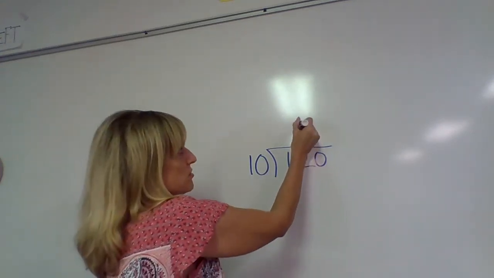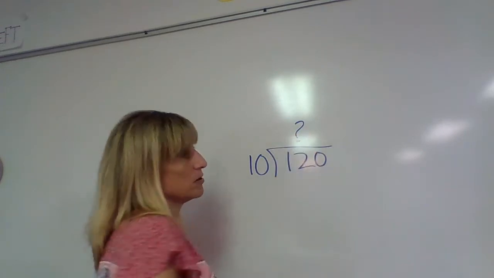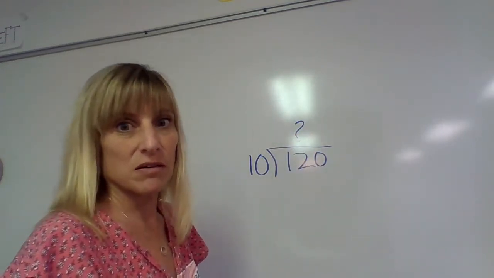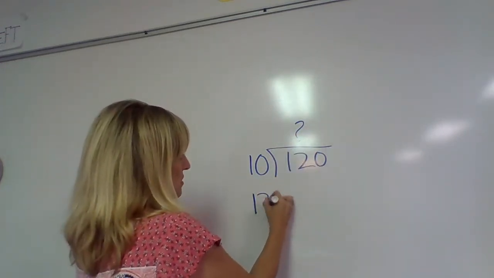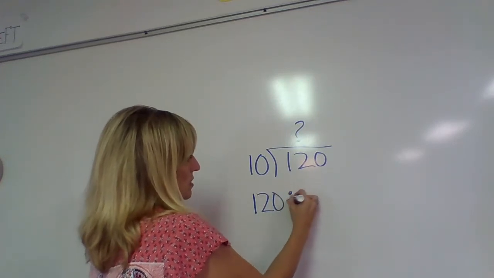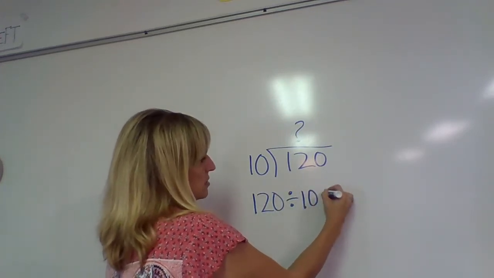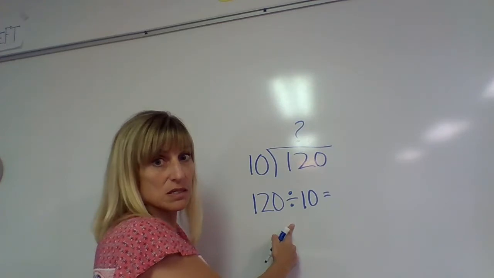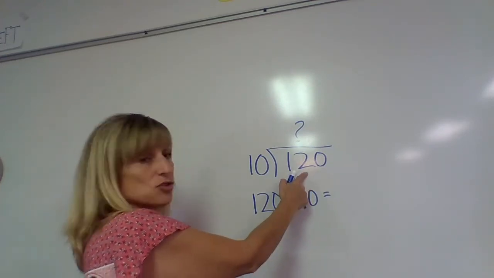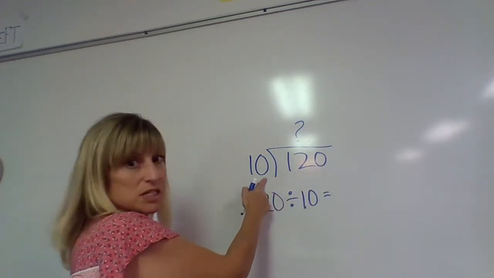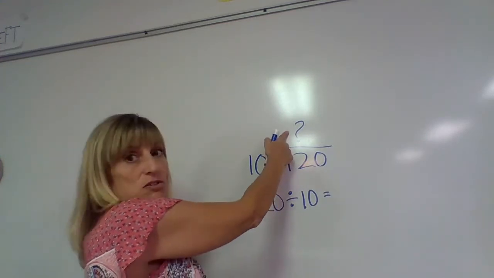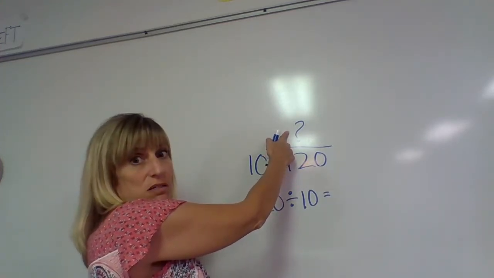You would write your answer on the top, just like that. It's the same as if we were to write it out like this. So remember, 120 divided by 10, and you write your answer on the top of the box.